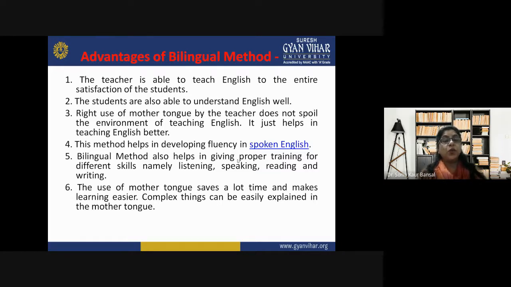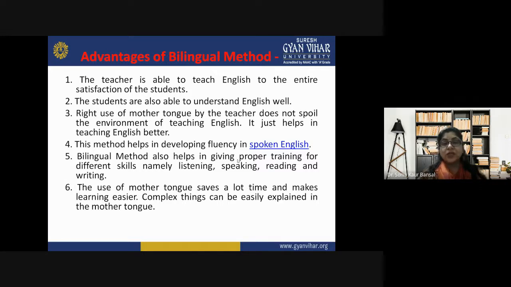It may be due to getting restless from not understanding. Maybe the teacher is getting restless as not able to teach in that way, or maybe the students are frustrated as not understanding that particular target language. So right use of mother tongue is actually very much appreciated as it helps in teaching English better.